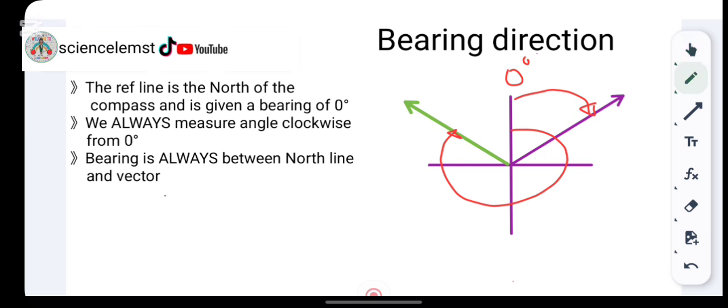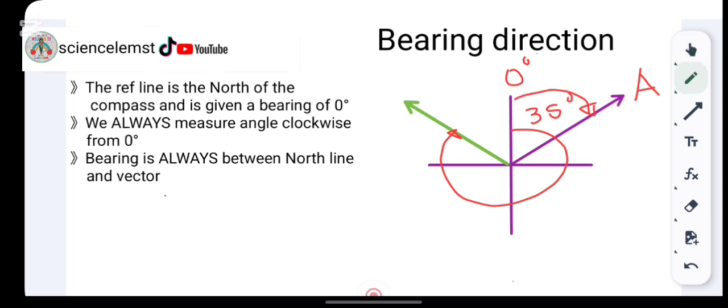So now, if I tell you this angle here is 35 degrees, and I ask you, what is the bearing of A? What will your answer be? We measure the angle from 0 to the vector. The angle that's given, 35, is between the north line and the vector.